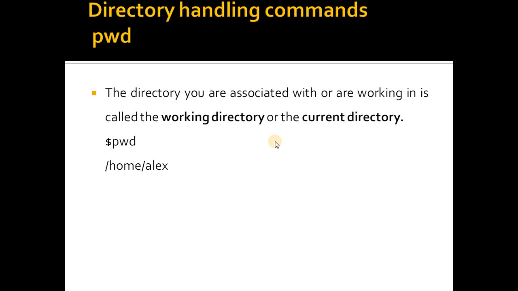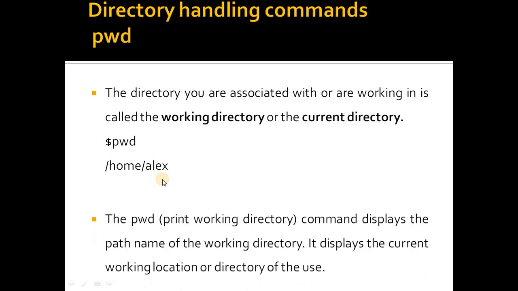So when you log in, you are in your home directory. You might work in some other directory. That directory is known as the current working directory. If you want to see what your current working directory is, at the bash prompt just type pwd and press enter. You will get the path of your working directory.